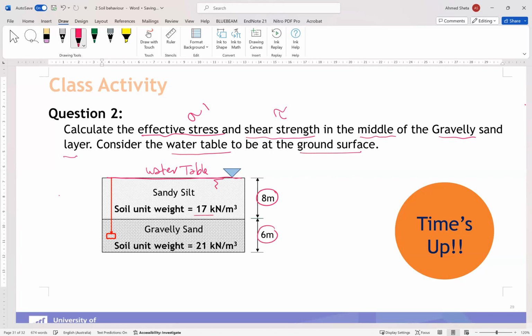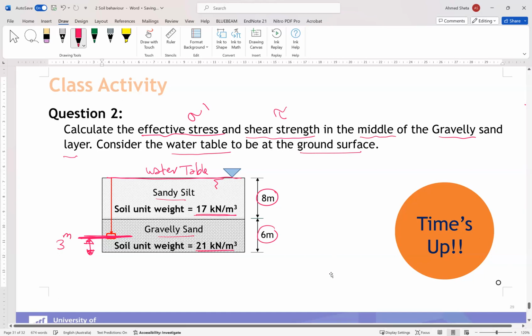Gamma for the first layer is 17 kilonewton, which is sandy silt, and the other one is 21 kilonewton per cubic meter, which is gravelly sand. We need to find the effective stress in the middle of the bottom layer, so at 3 meters. So this is the requirement of this activity.